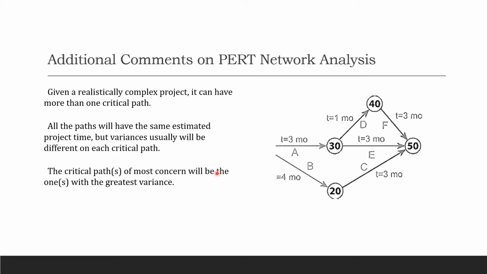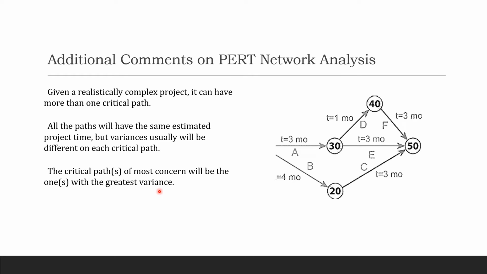You're going to give all the nodes in the path using these letters. All the paths will have the same estimated project time, but variances will usually be different on each critical path. So the critical path of most concern will be the one with the greatest variance.